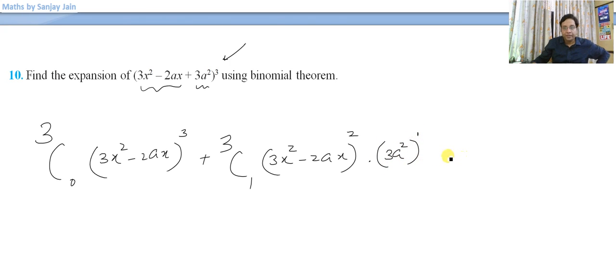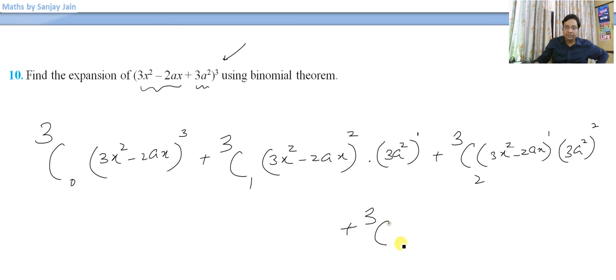Plus 3c2 (3a squared) raised to power 2 and (3x squared minus 2ax) raised to power 1, and then the last term 3c3 (3x square minus 2ax) raised to power 0. You could have avoided writing this term also, because this is anyways going to be 1. So (3a squared) raised to power 3 will be the last term.